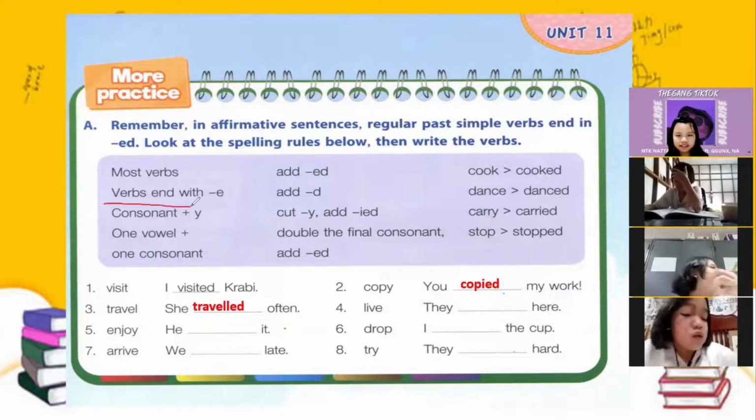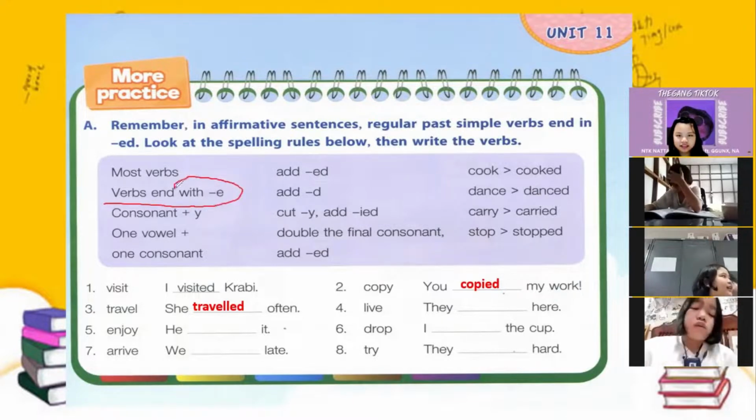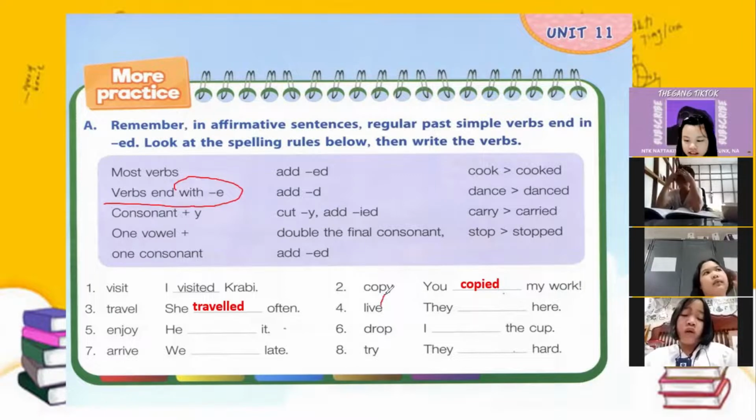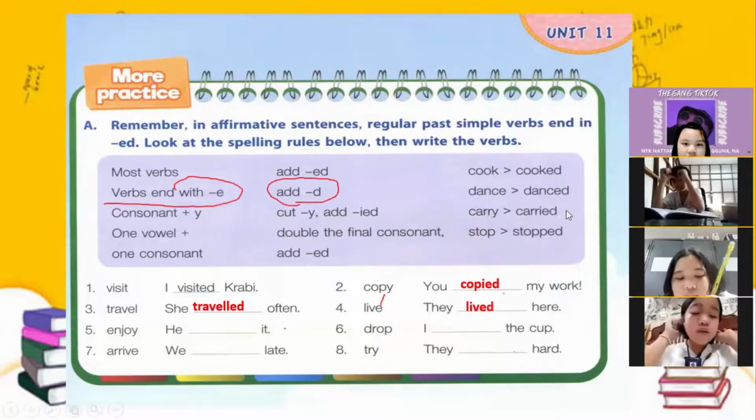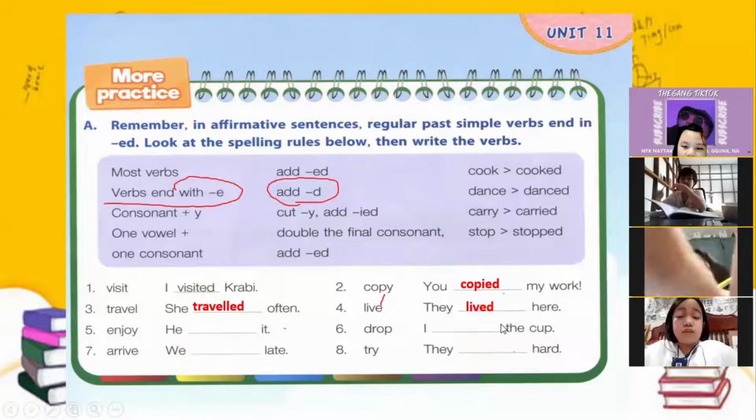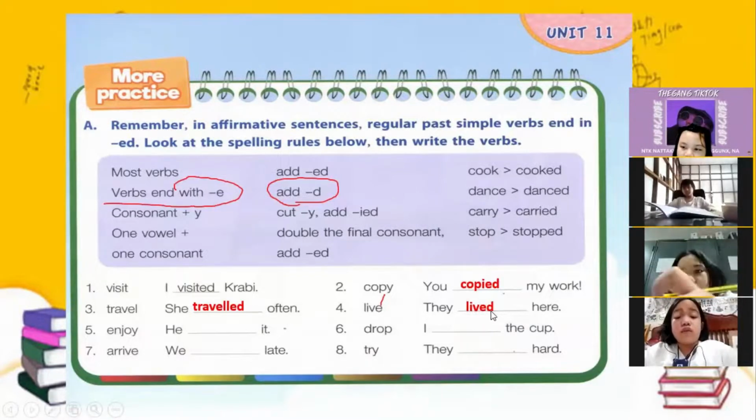Here, the verb ends with E. So here you can see it ends with E. So what are we gonna do? We are going to add only D, right? So the correct spelling will be they lived. It ends with the E, so we just add a simple D.